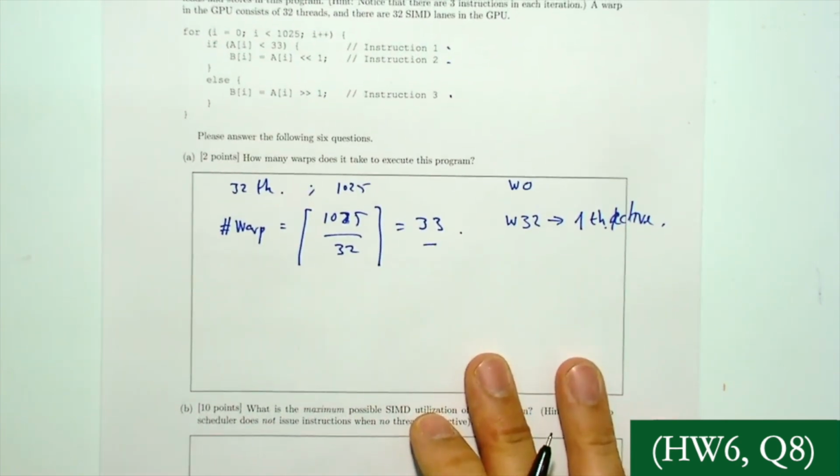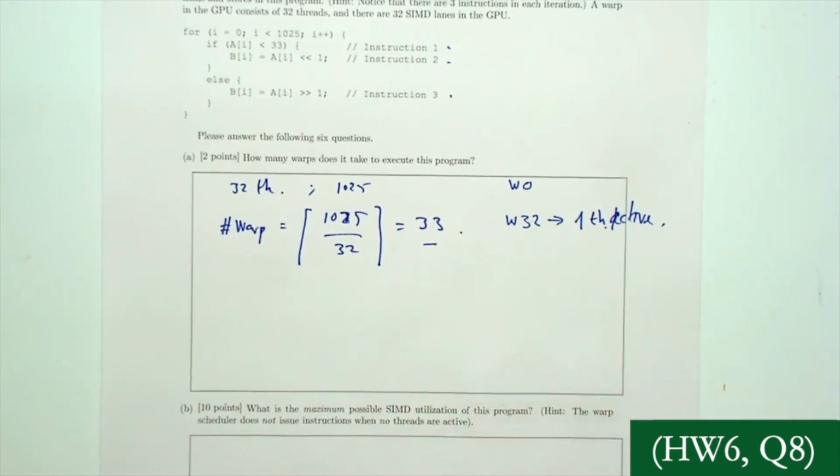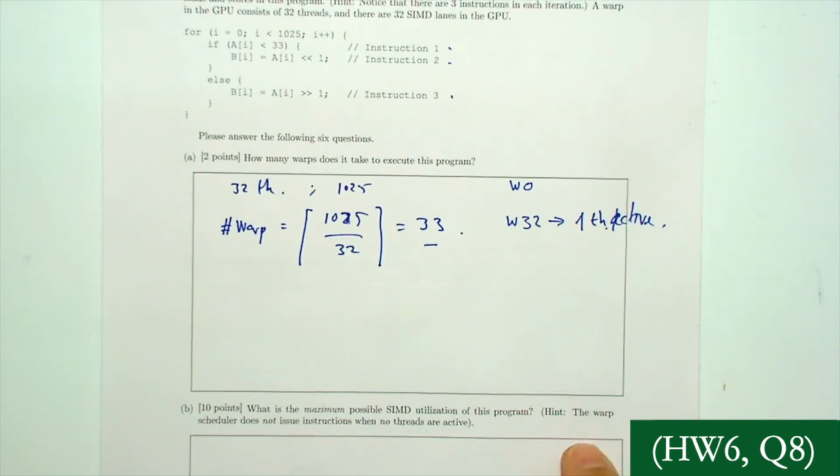For example, here in part B, it says, what's the maximum possible SIMD utilization of this program? Hint, the warp scheduler does not issue instructions when no threads are active. This is something that we discussed when we studied SIMD processors.